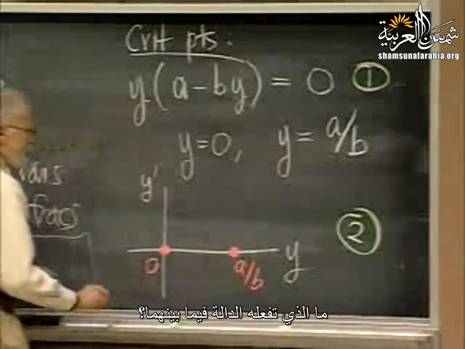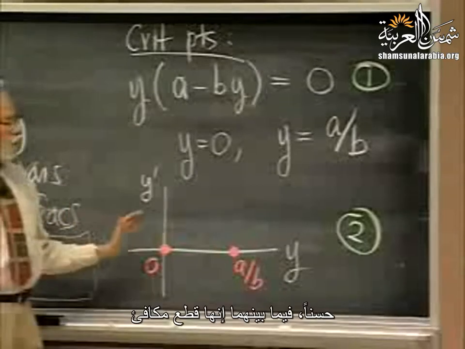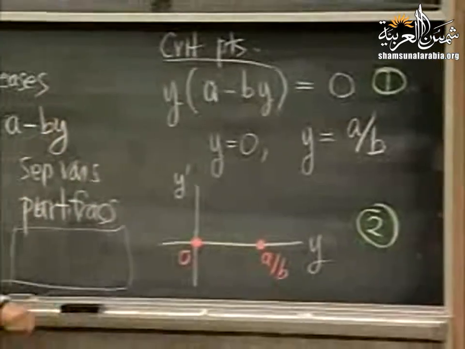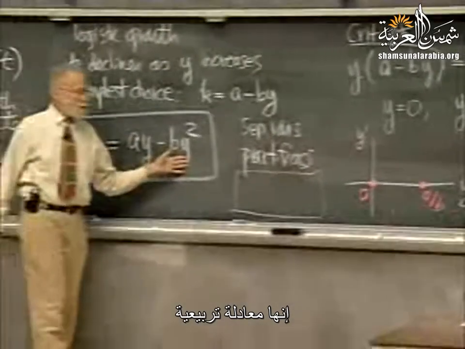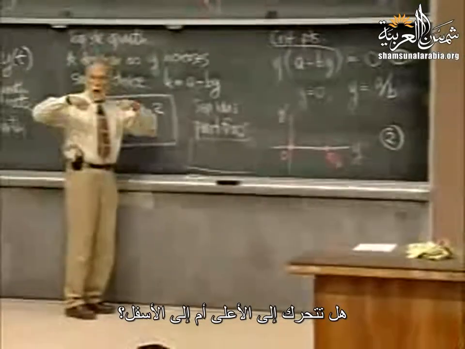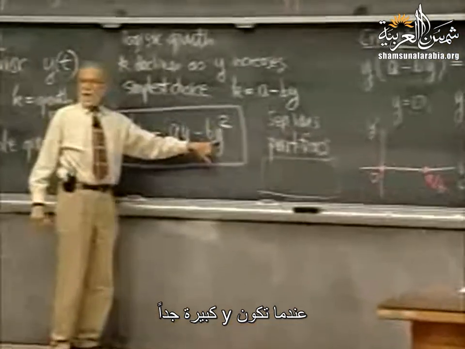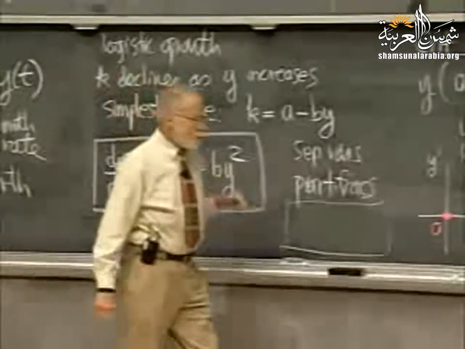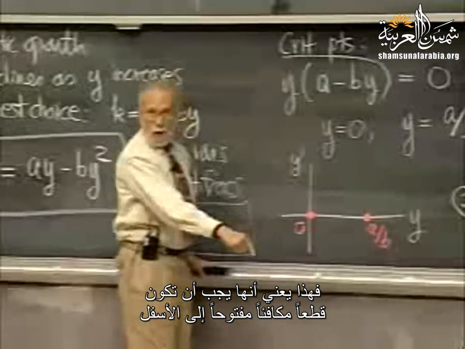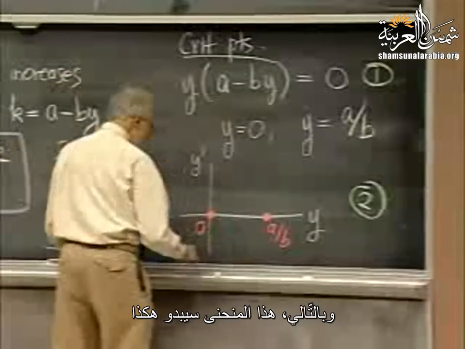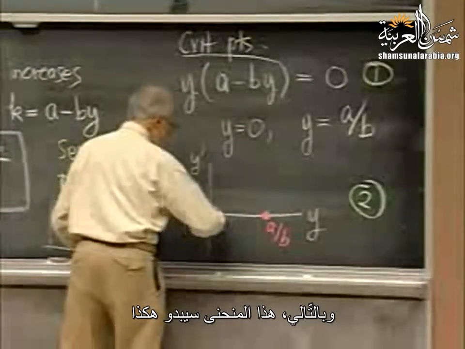What is it doing in between? Well, in between, it's a quadratic function. It's a parabola. Does it go up or does it go down? Well, when y is very large, it's very negative. That means it must be a downward opening parabola, and therefore this curve looks like this.